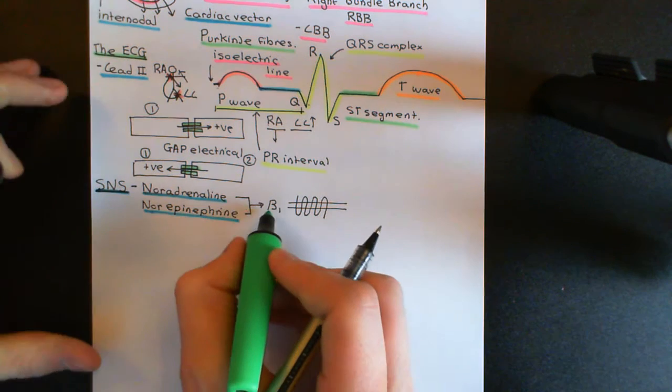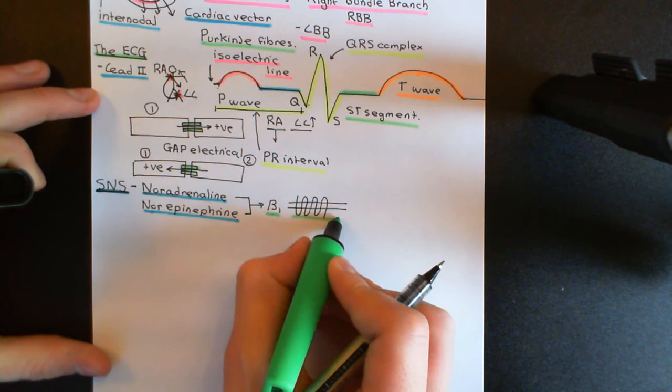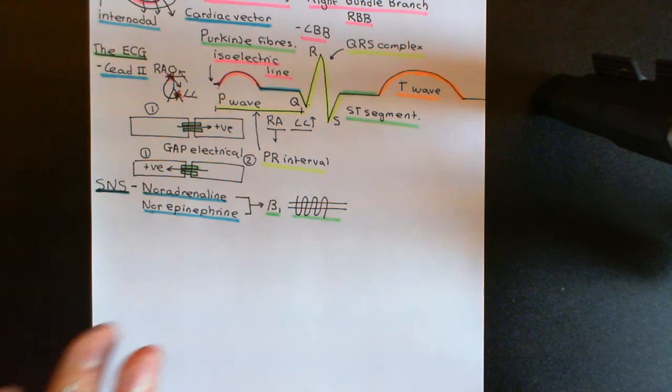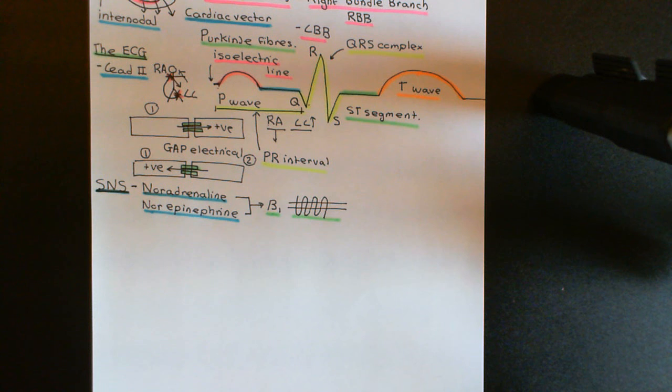Now, I am not going to go through the intracellular signaling cascade downstream of the beta-1 adrenoreceptor. It's not really necessary for our discussion. I'm just going to discuss what's actually happening on the cellular level rather than on the molecular level. It does work through the Gs cascade, but as I say, we're not going to go there.